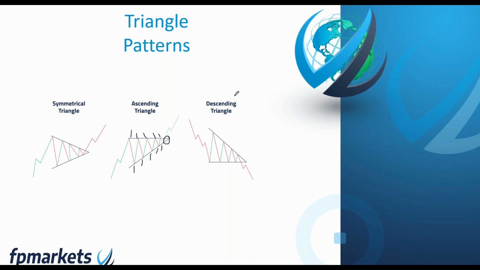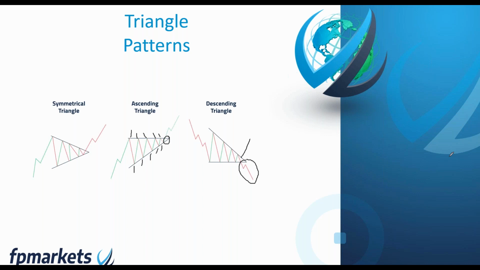A descending triangle is also considered a wedge-shaped pattern that breaks out downward most often. So look, similar to the ascending version, it can serve as a reversal. When I say reversal, I'm talking about this area here, or as it's drawn on the chart, a continuation within the current trend.